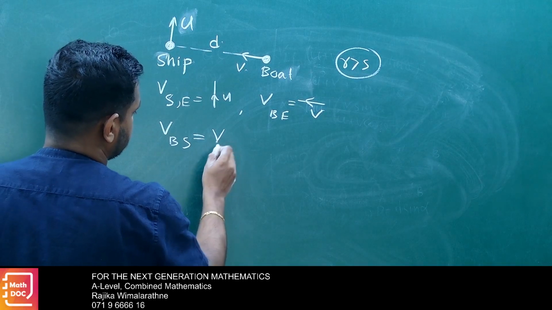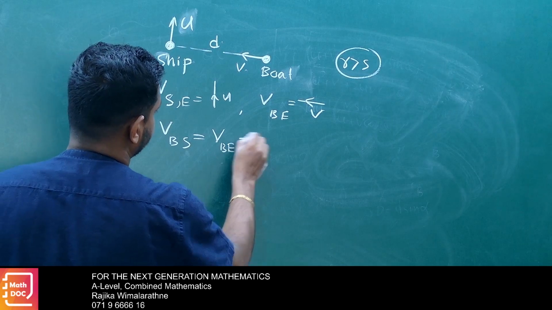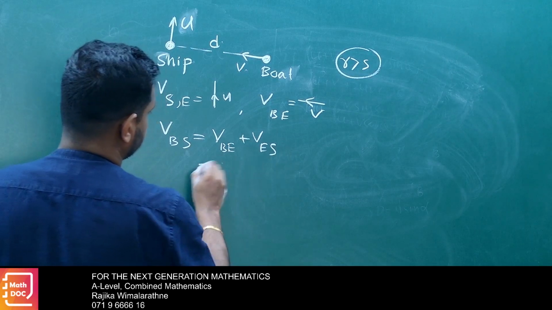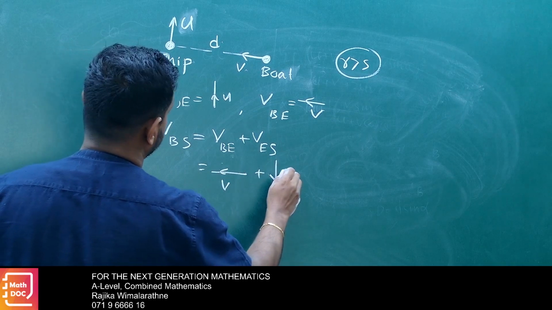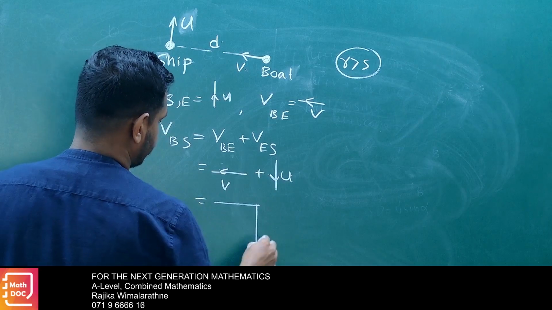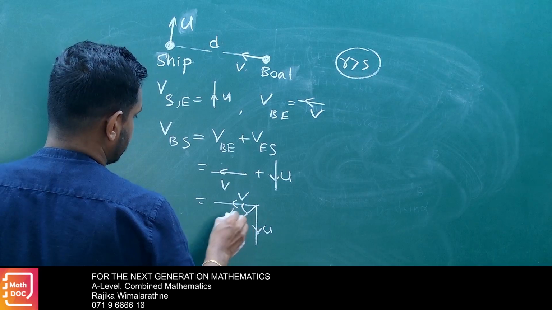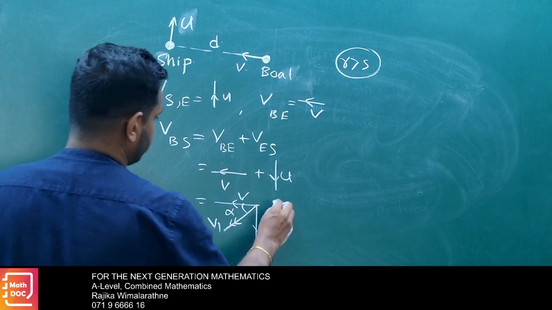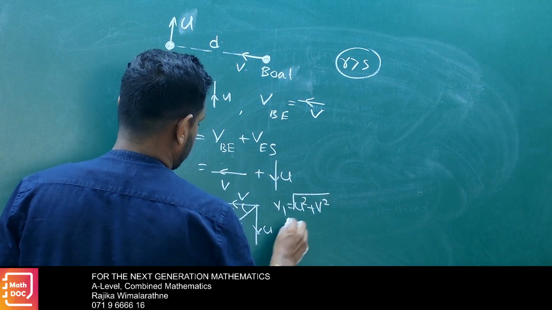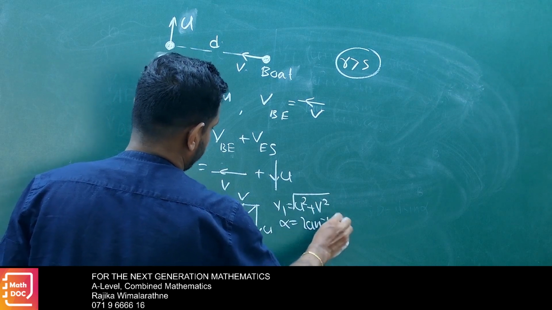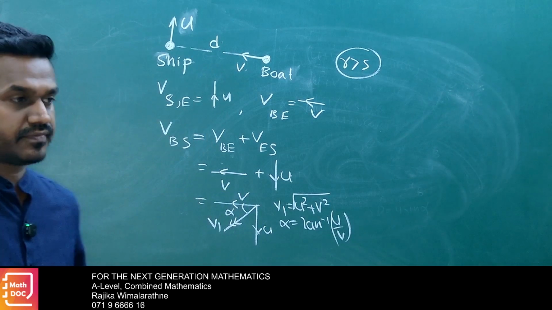Now I have stopped the ship. Then V_BE, downward u. Then we can find the resultant. Here u, here v, here the resultant at angle alpha, value v1. We know v1 is the square root of u squared plus v squared, and alpha is tan inverse of u divided by v. First you do up to that.